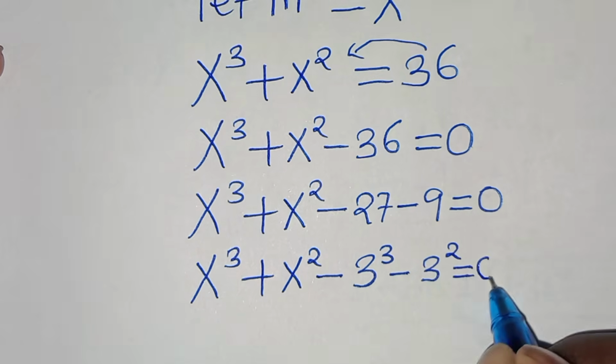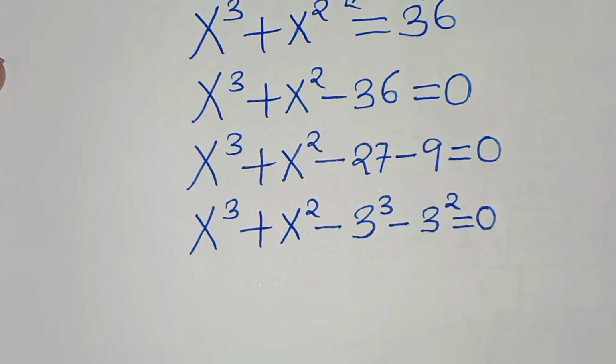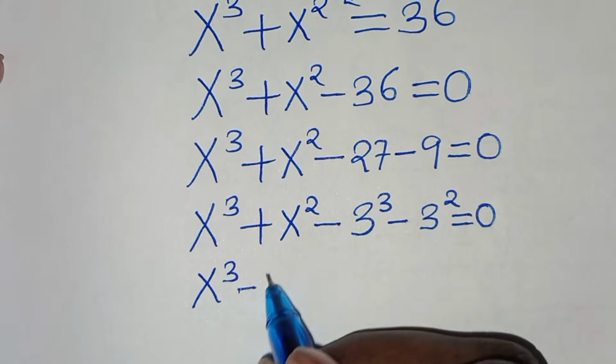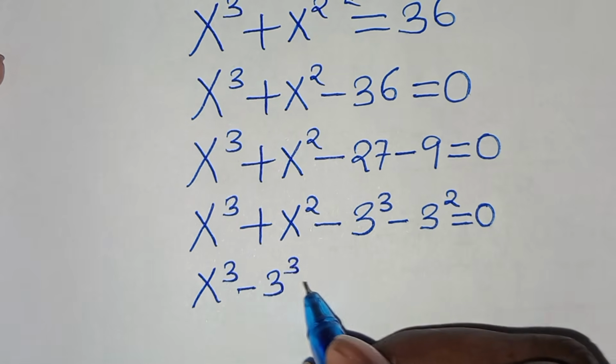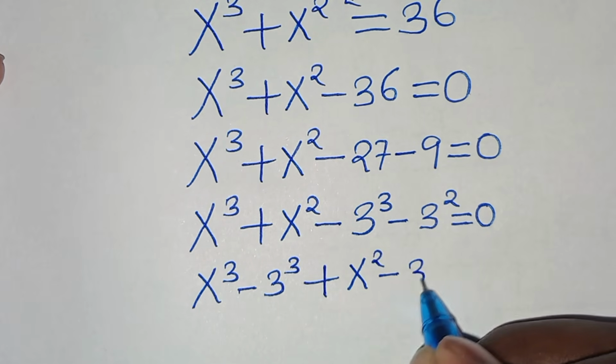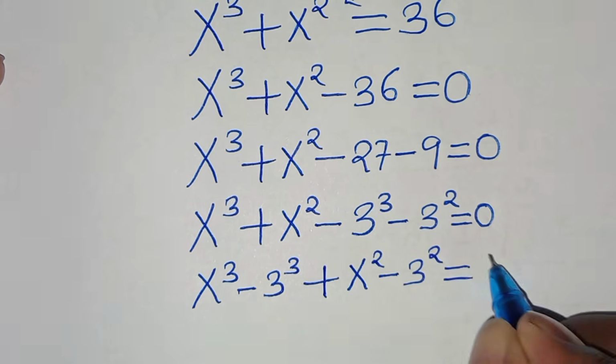This is equal to 0. Now we have got x to the power of 3 minus 3 to the power of 3, then plus x to the power of 2 minus 3 to the power of 2. This is equal to 0.